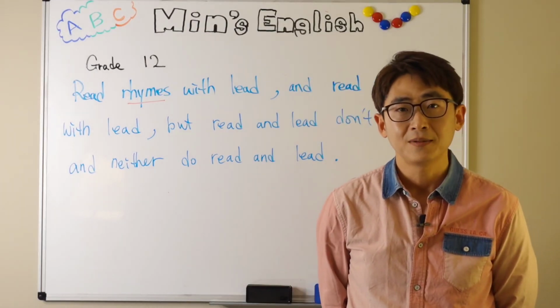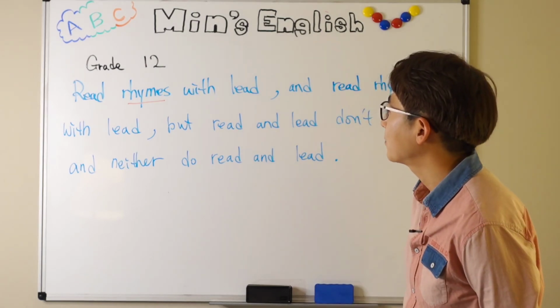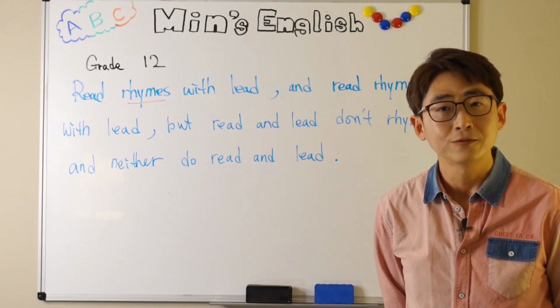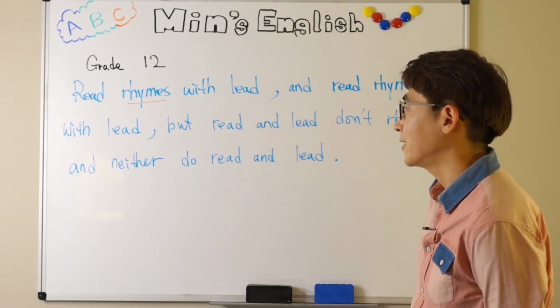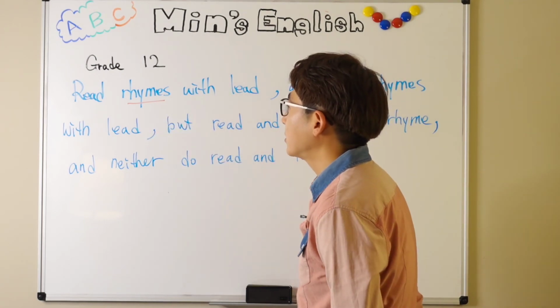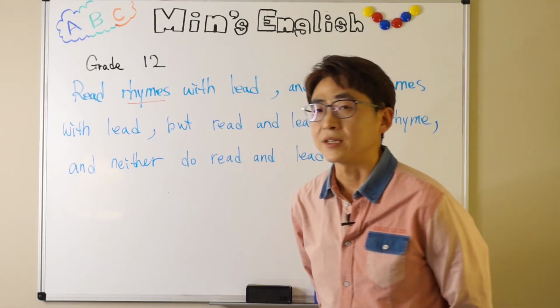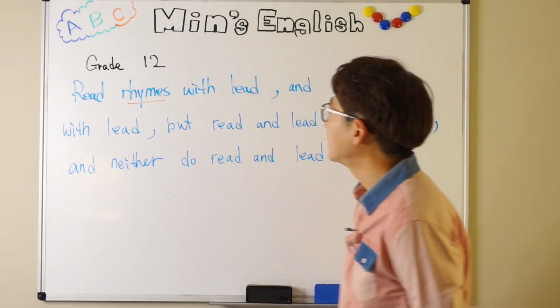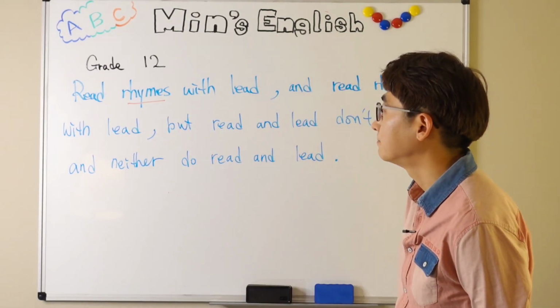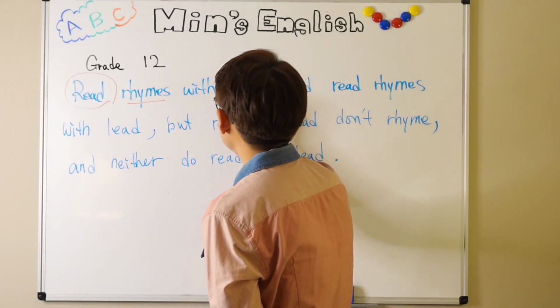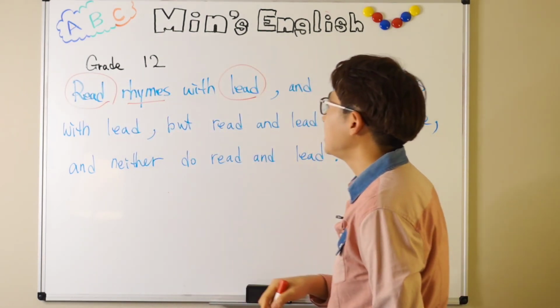Alright, time is up. Did you find the right way of reading this sentence out loud? If yes, good for you. If not, that's okay. So, rhyme is a poetic term, a literary technique when you match the ending sound of a letter. Here, we have 2 words, read and lead.